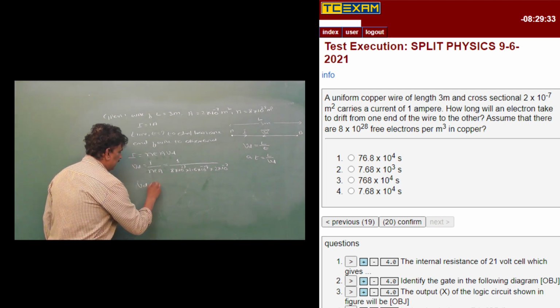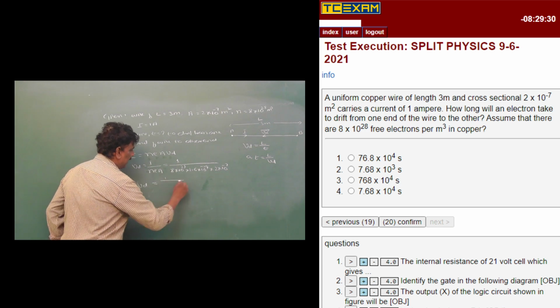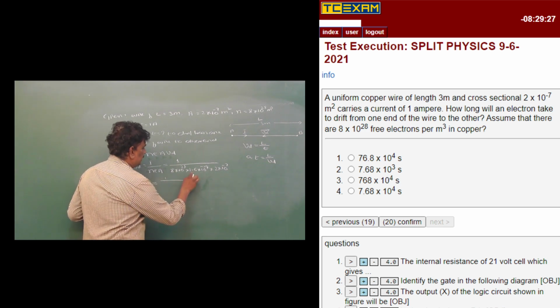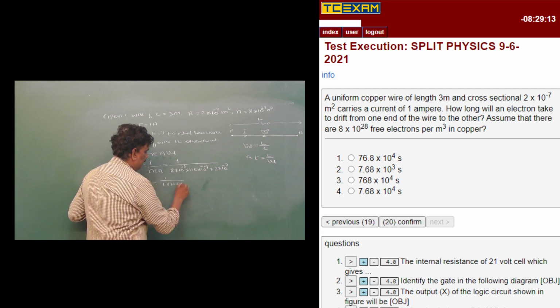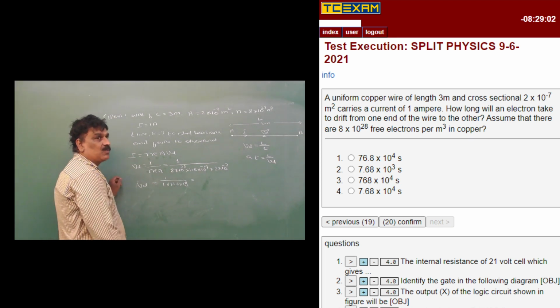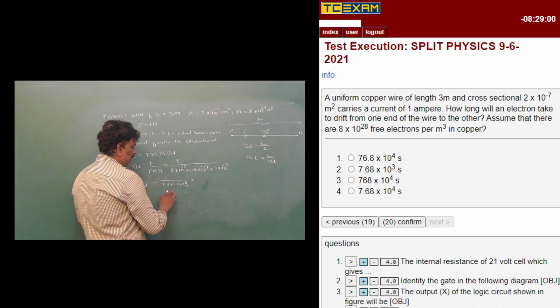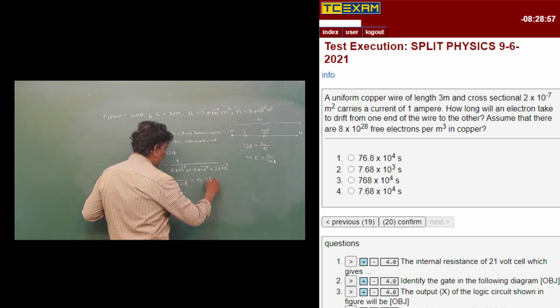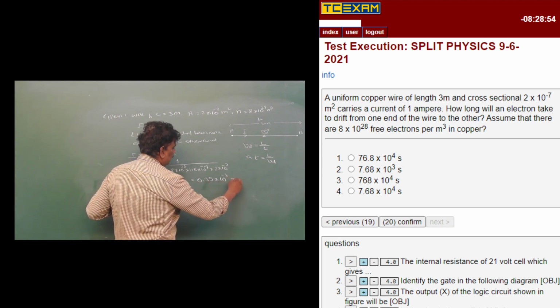So this is 1 by 1.6 into 1.6 into 10 power 3, that is 1 divided by 2.54, which is 0.39 into 10 power minus 3 meter per second.